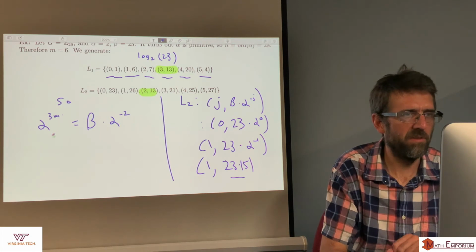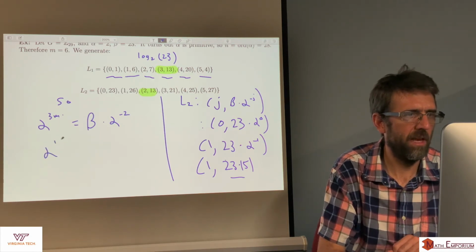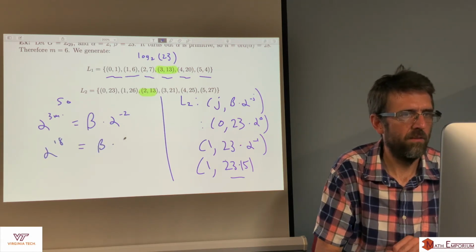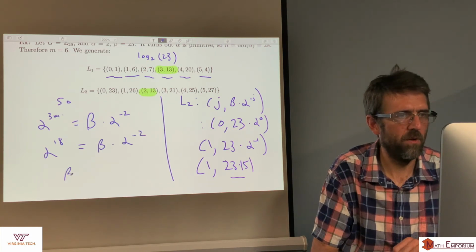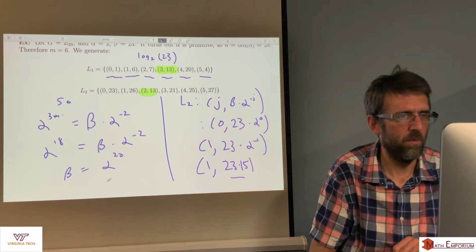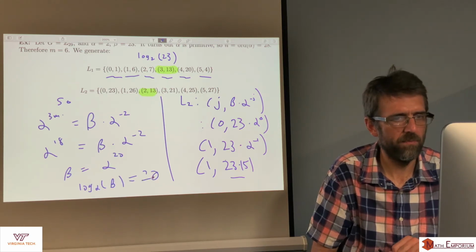But m was just 6, remember. So alpha to the 18 is beta times alpha to the negative 2, and so beta is alpha to the 20. So log base alpha of beta was just equal to 20.